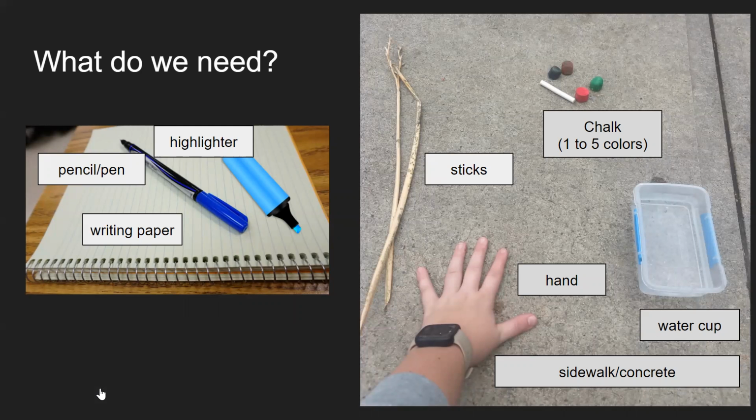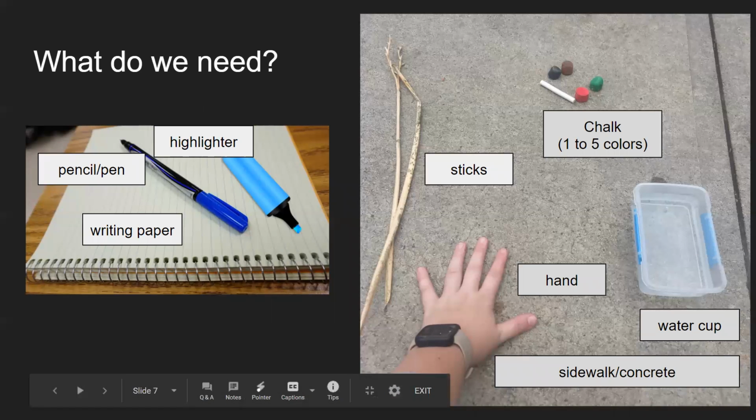Your hand for hand painting, finger painting, a water cup so you can wet the chalk and make your own paint, and then a sidewalk or concrete area. So I just used a sidewalk square for mine, but really anywhere that you can use the chalk will work.